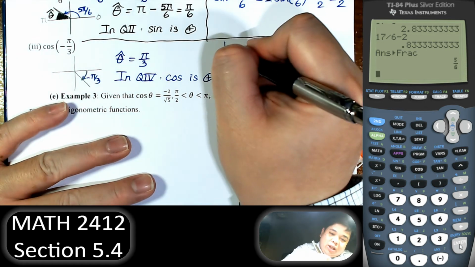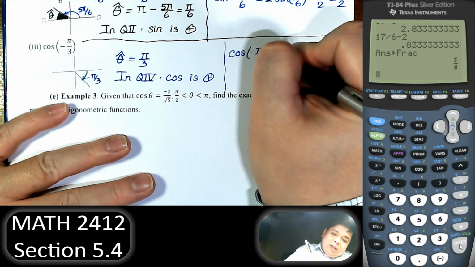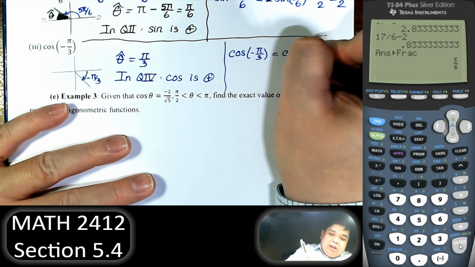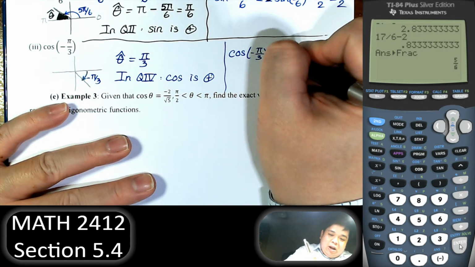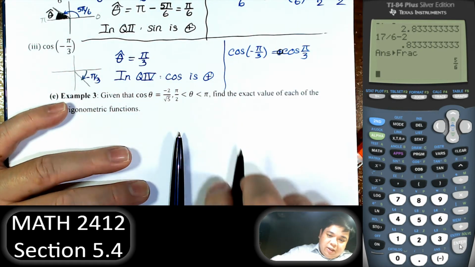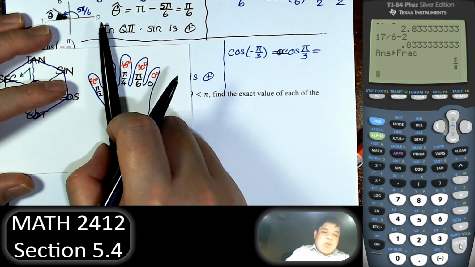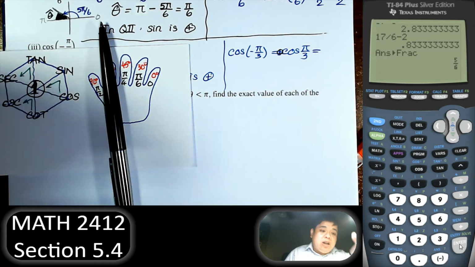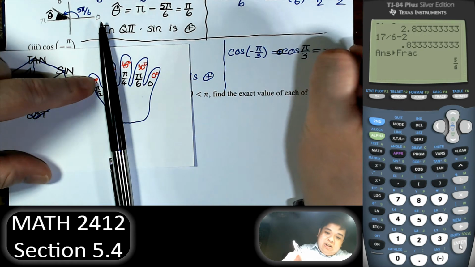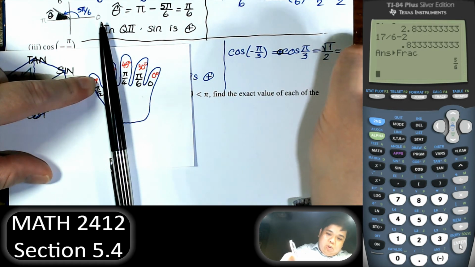So we say cosine of negative pi over 3 is equal to plus or minus cosine pi over 3. But of course we're going to choose positive. So cosine pi over 3, cosine is the number of fingers on the left. Square root of that divided by 2, so it's also 1/2.